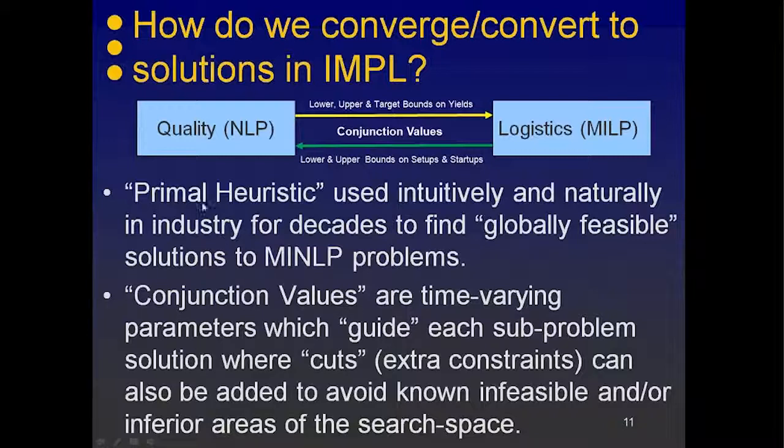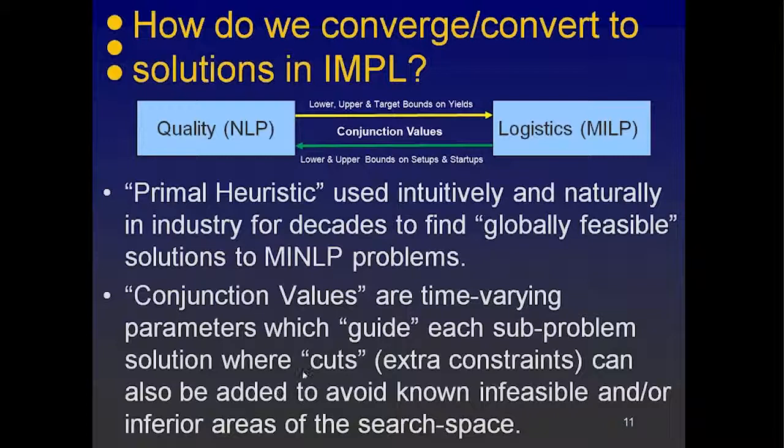So this is what we would call a primal heuristic. It's really like a truncated Benders decomposition, but it's extremely effective in industry. It's nothing that we developed in terms of the concept. I can point to many people in the past who've done something similar. So essentially, it's a natural way of decomposing the problem, and as I mentioned, trying to get globally feasible solutions out.